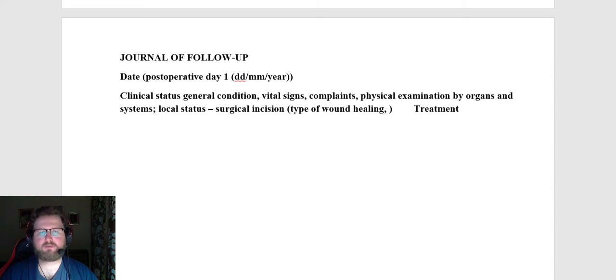And if something seems wrong to you, you must point out macroscopic signs of wound pathology. So that's enough for surgical incision and abdominal drain.